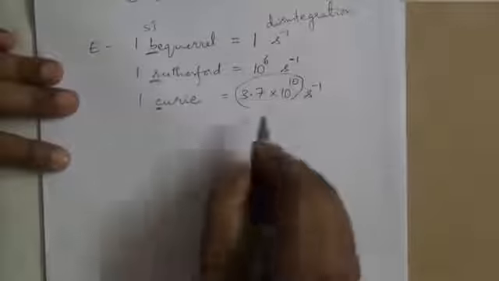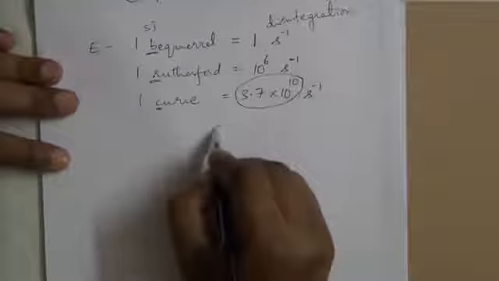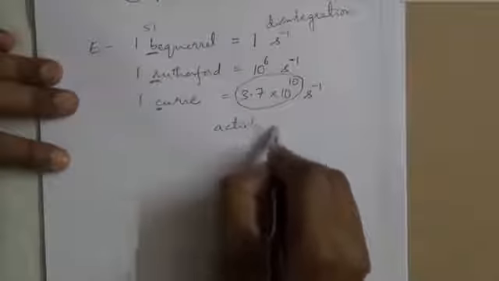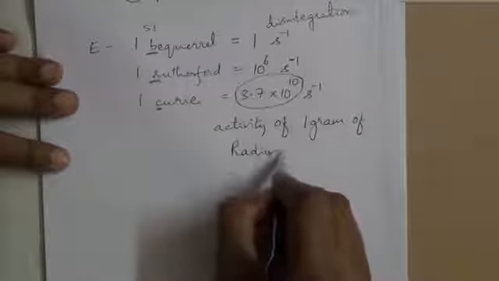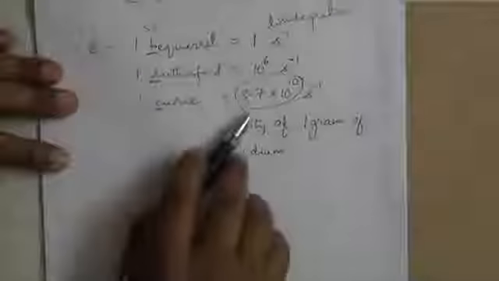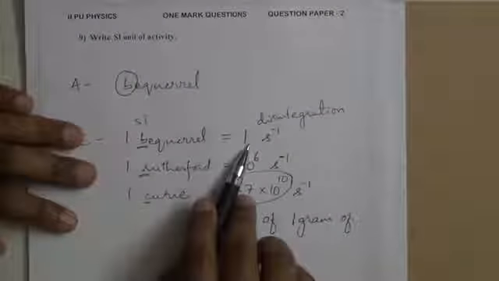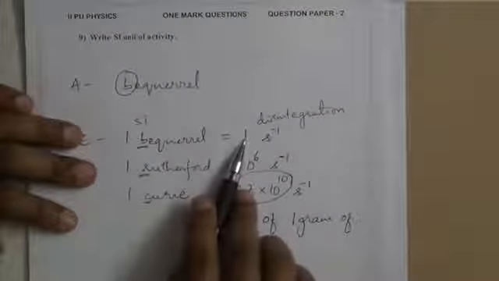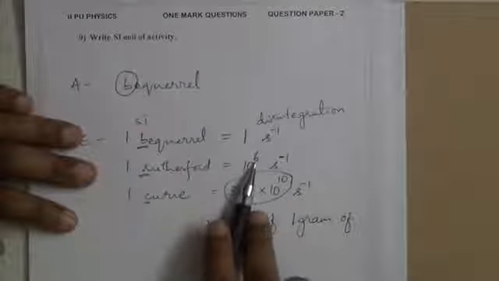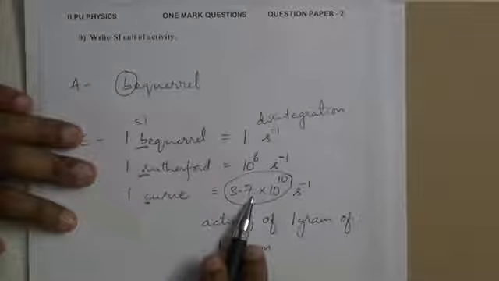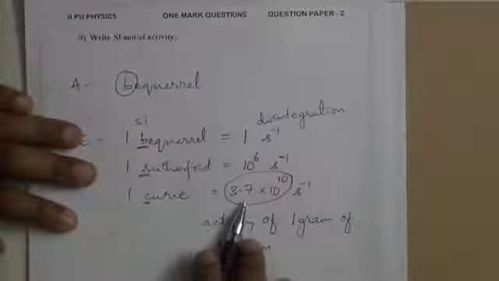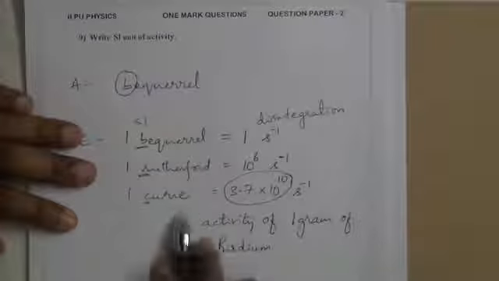This is the activity of 1 gram of radium, so this number has meaning. Since 1 becquerel is very small, people were also using 10 power 6 disintegrations per second, that is Rutherford, but this has some reference. Therefore, in most cases, people use Curie.